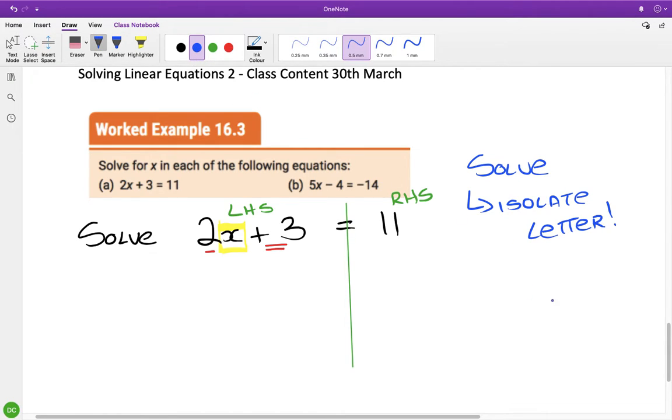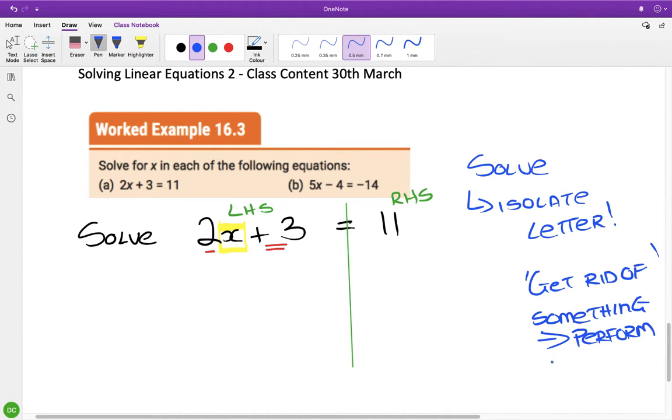So if you want to get rid of, not technical maths language obviously, if you want to get rid of, I'm going to say something because technically it could be letters, it doesn't just have to be numbers. So if you want to get rid of something, you perform the inverse operation.